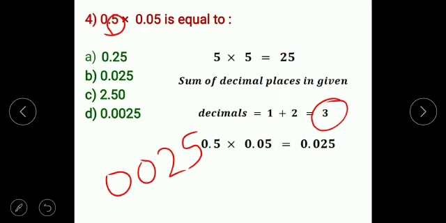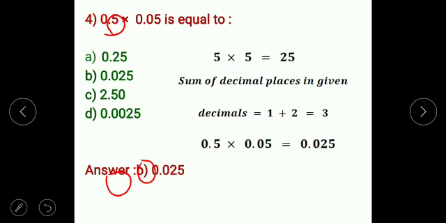So we have to put the decimal point from right to left after 3 digits. So here 1, 2, 3. So put here the decimal point. So your answer is 0.025. So what is the answer here? Option number B, 0.025. So this is the answer of question number 4.